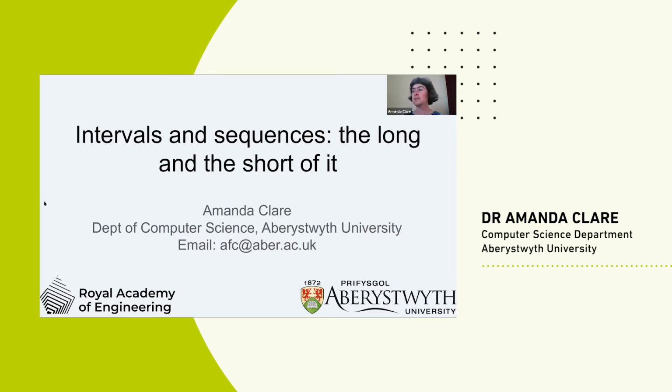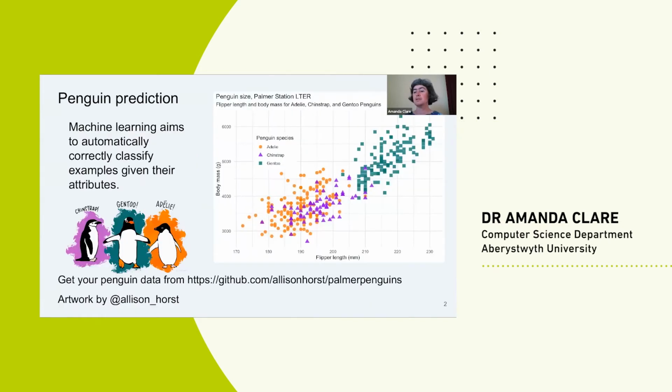So intervals and sequences. Let me start with a slide for predicting penguins. This is kind of what you might see for many machine learning problems. You have some examples of different classes, and in this case, they are penguins, 3 types of penguins. And each penguin is described by a couple of attributes.